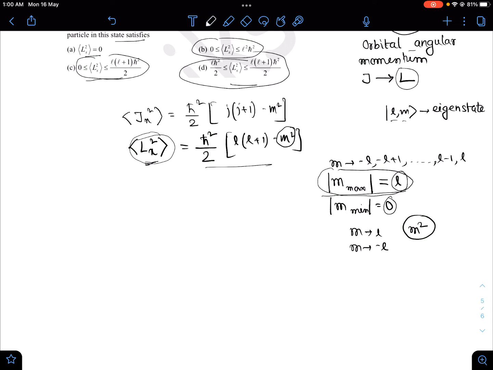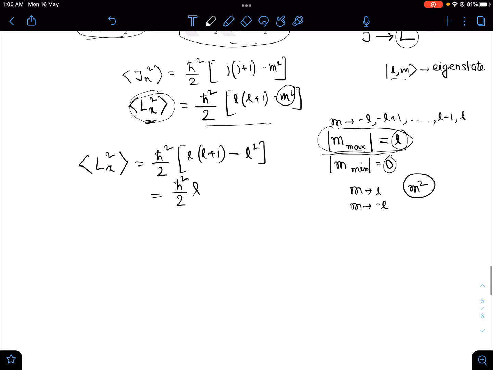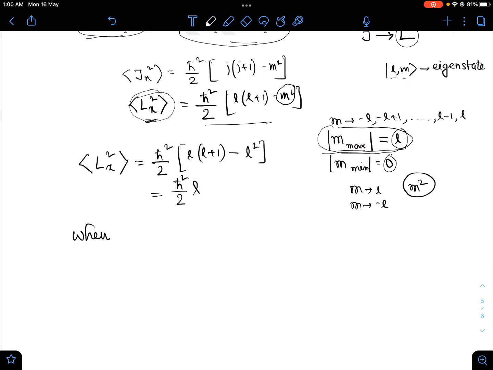If m is m max, then we will have Lx square to be h cut square by 2 times L plus 1 minus, so what is the maximum value? It is L, so we have L square, that means h cut square by 2 L. So when m is maximum, the expectation value of Lx square is minimum.